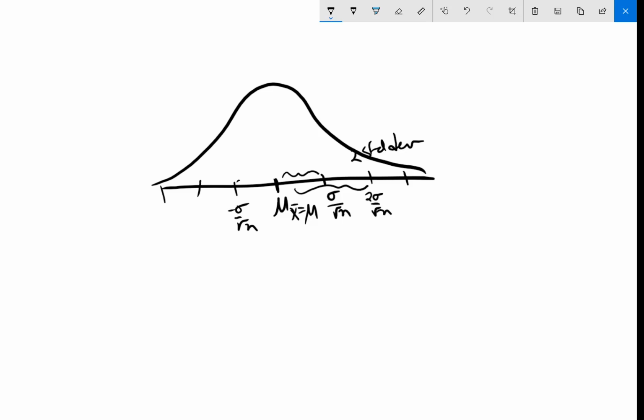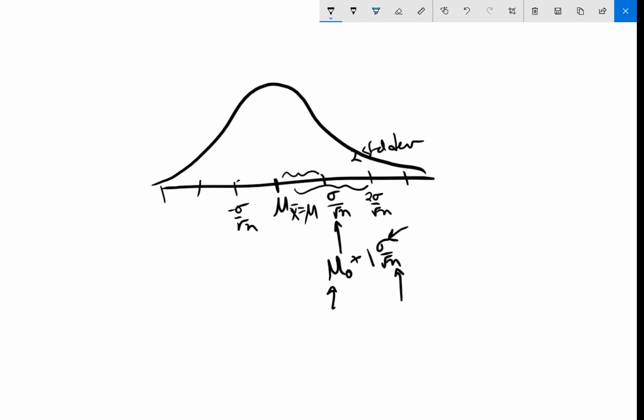So I'll actually know exactly what this value is right here. I'll actually know what it is in the distribution. It's going to be my null hypothesis mean, which we're going to denote by mu naught, and you'll see why later, plus 1 sigma over the square root of n. And I'd actually know what that value is because I'm going to know what sigma is, I'm going to know what the n is, and I'm going to know what mu naught is.